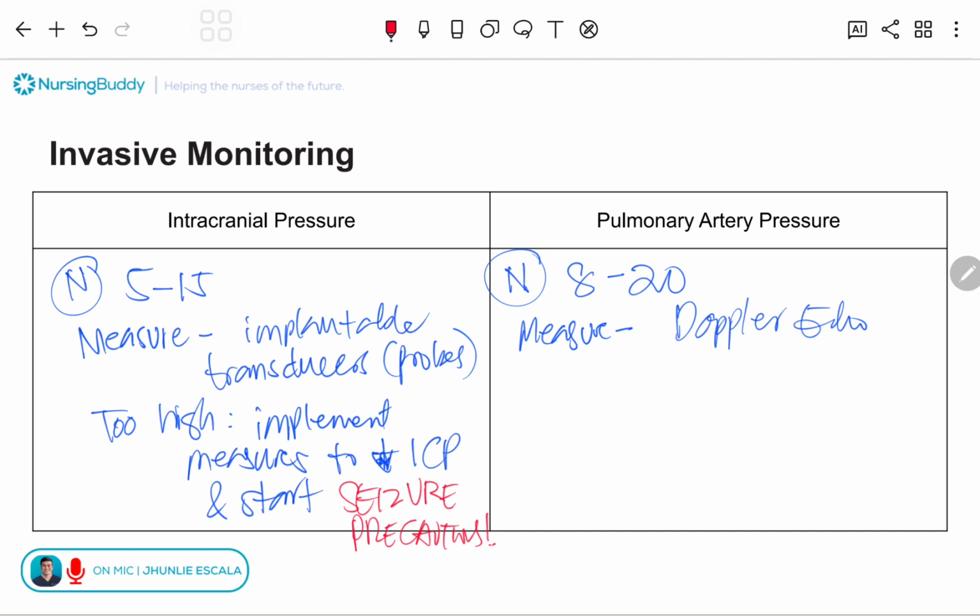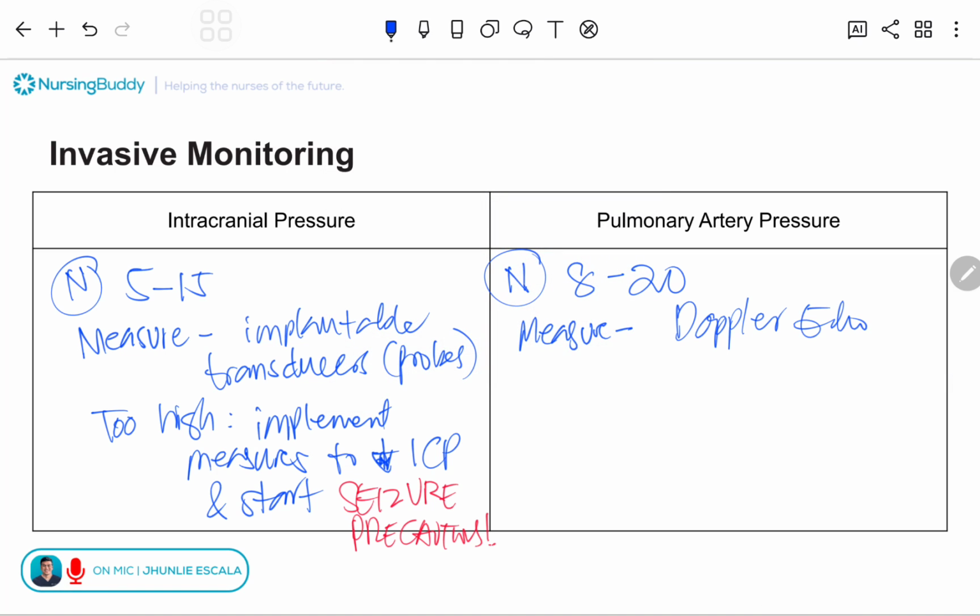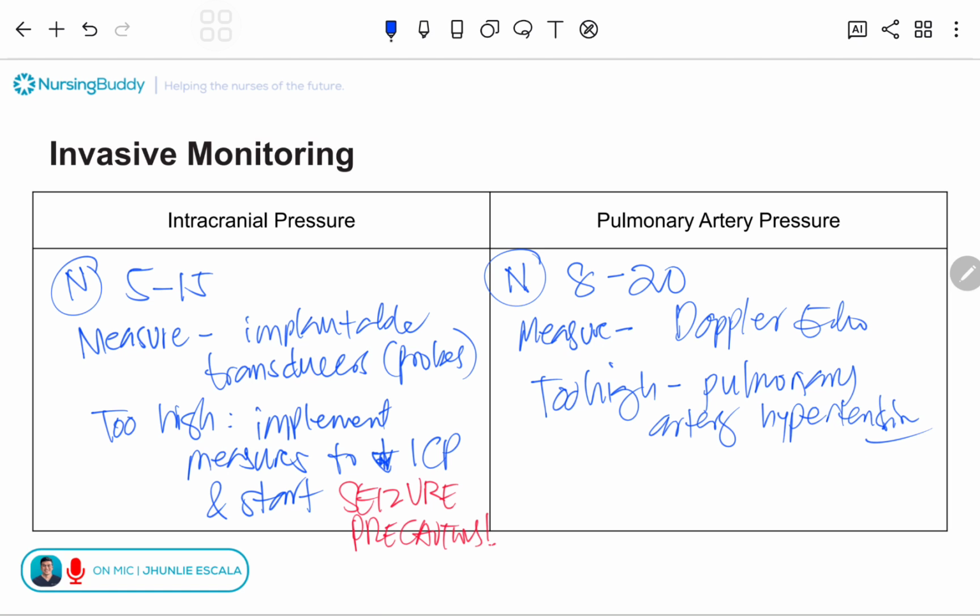Okay. While on your pulmonary artery pressure, kapatid, if this is too high, we need to know that this is what we call as your pulmonary artery hypertension. So, we sometimes call this one as your pulmonary hypertension, or specifically we call this one as your pulmonary artery hypertension.